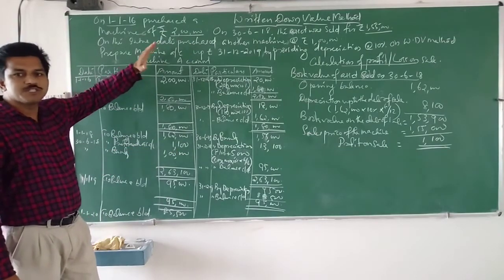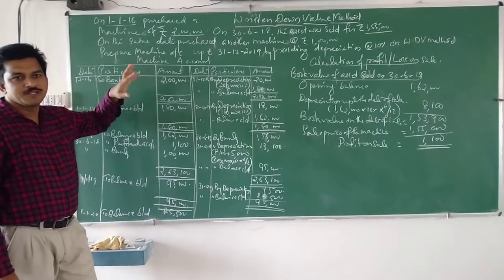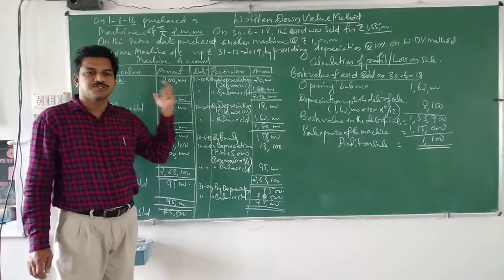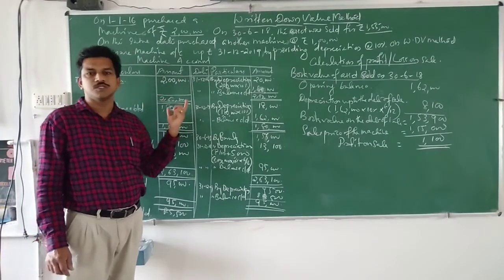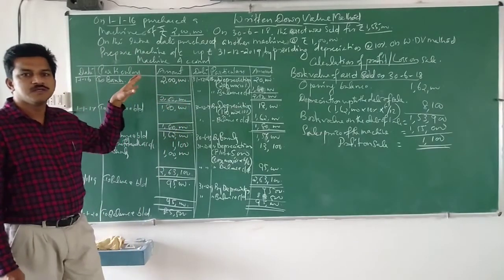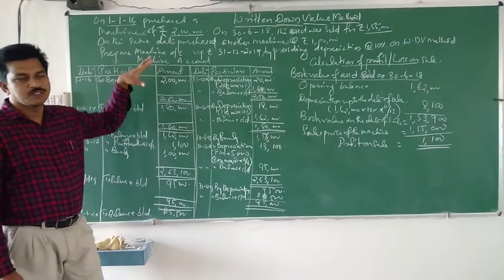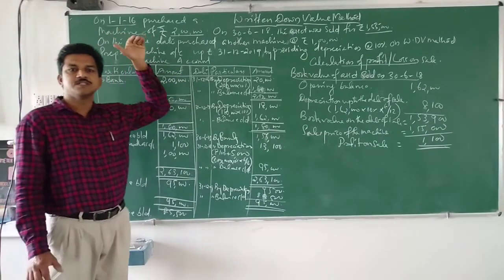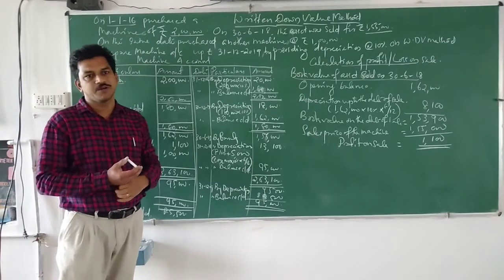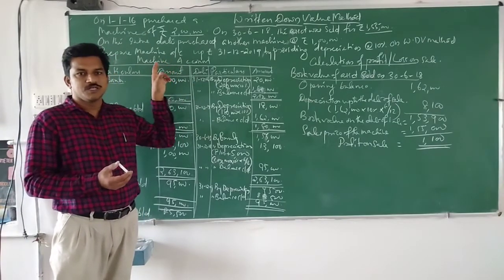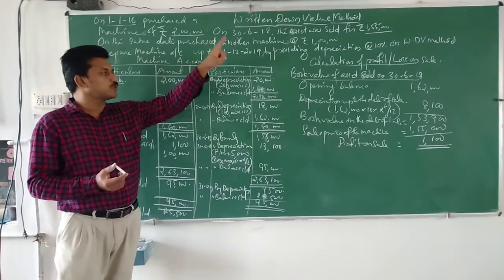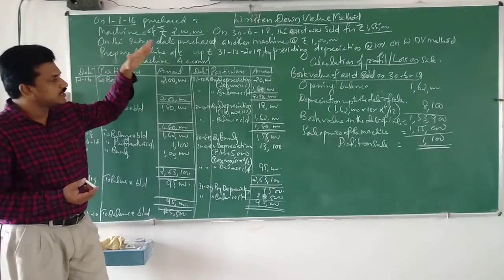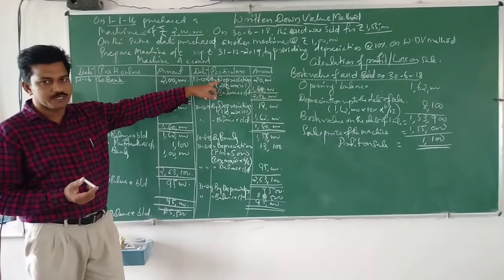This is the machine account. Then two more accounts you can prepare. What are they? Yes, it is depreciation account as well as profit and loss account. So the same way what we have done in the previous case, the same way you can prepare. Okay. Understood? That means in depreciation account, first we will write by asset, that means this 20,000 will be written.